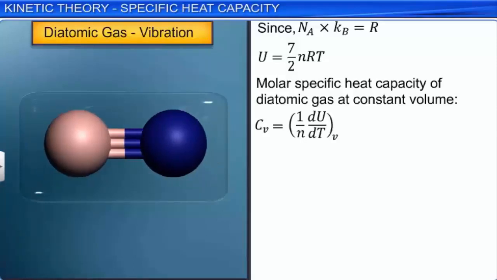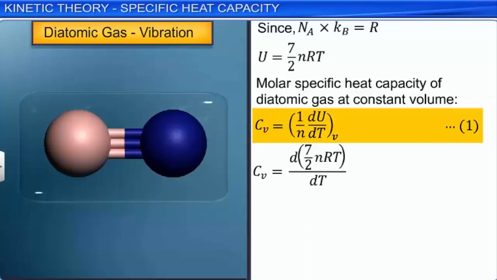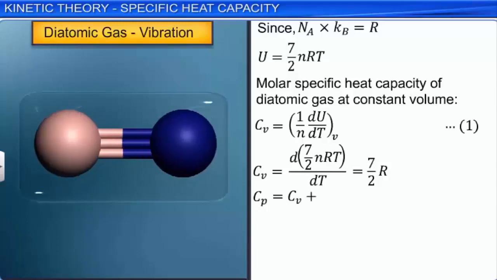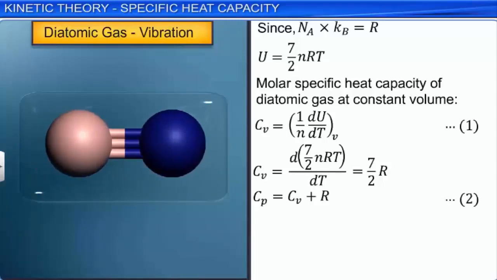By substituting the internal energy of a diatomic gas in the above equation, we get the specific heat capacity at a constant volume, Cv, is equal to 7 by 2 R. From the relationship between Cp, Cv and R, Cp is equal to Cv plus R. We get Cp is equal to 7 by 2 R plus R, which is equal to 9 by 2 R. Gamma is equal to Cp by Cv.